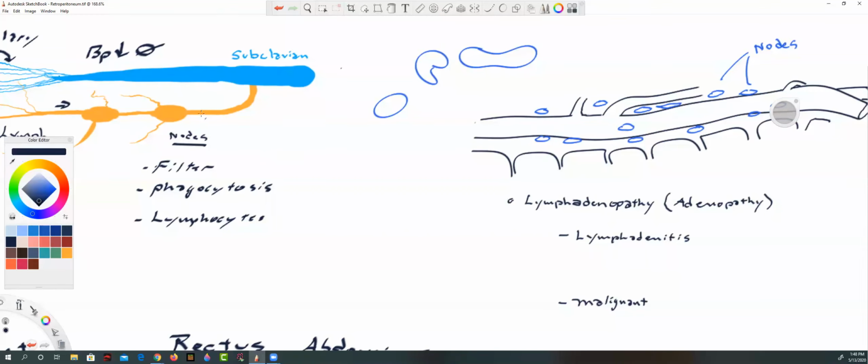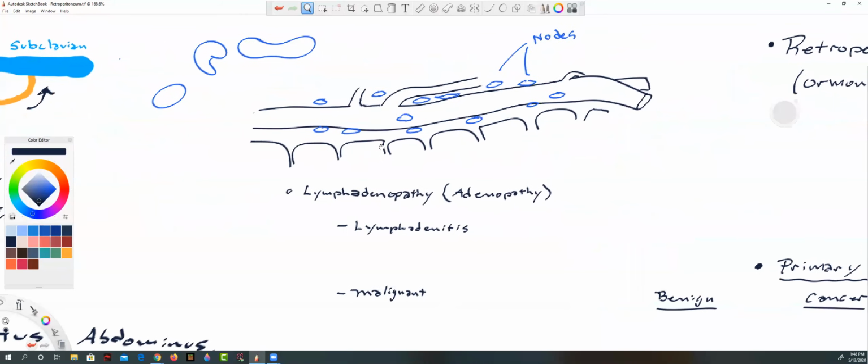And then in the end, there are two major ducts in the body. Both of them are up in the subclavian, the right and left subclavian veins, and that's where the lymph fluid goes back into our system. So that is our lymph system in a nutshell.